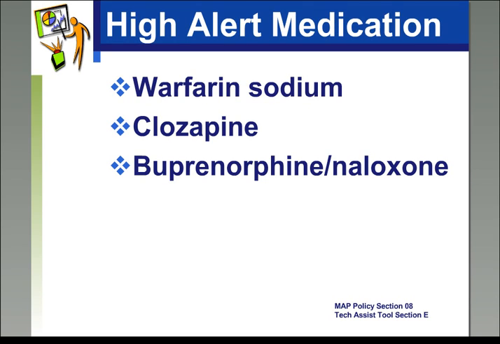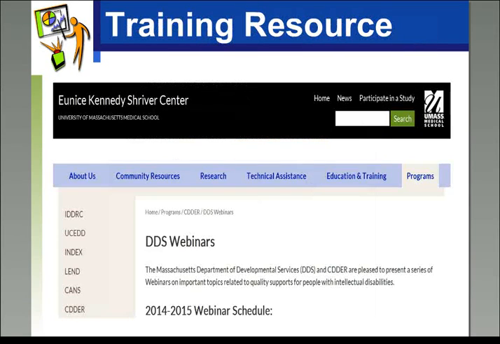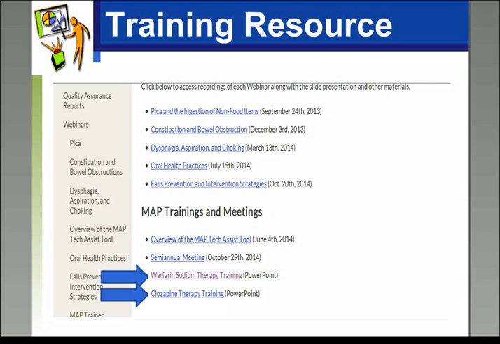I'll also ask to see individualized protocols. You can find training material for high alert medication online by using the map-friendly URL. Click DDS Map Webinars link. Once on this page, scroll down, and you'll see high alert medication training material.